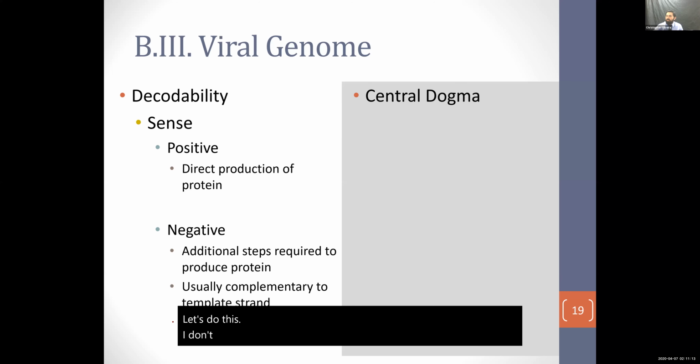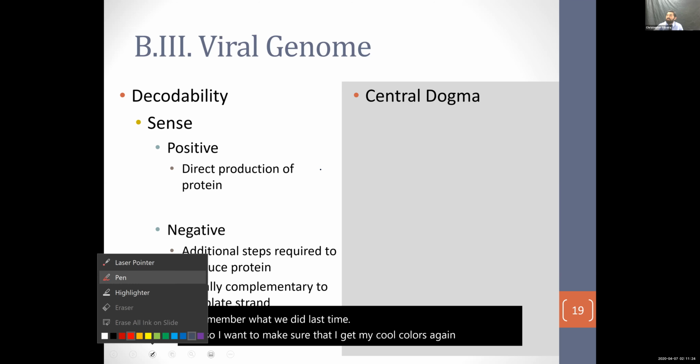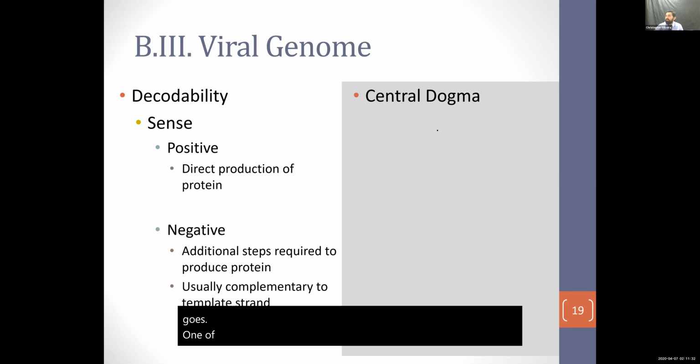So remember what we did last time. And so I want to make sure that I get my cool colors again. There it goes. One of the first sets of classification is by us using a little chunk of DNA, right? This was our double-stranded DNA, right?